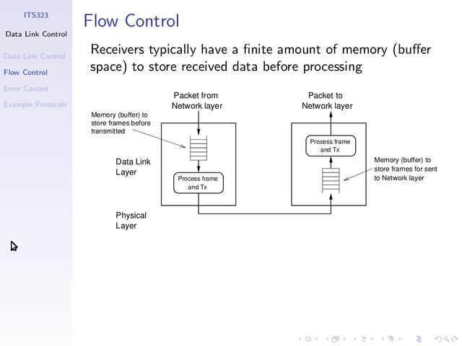In our previous case, if we could accept 5 frames in the buffer and the buffer is currently full, somehow we need to tell the sender, do not send any more. And that should avoid the error. And that's what flow control protocols do. They control the speed at which the sender sends such that we don't overflow the receiver or the buffer at the receiver.